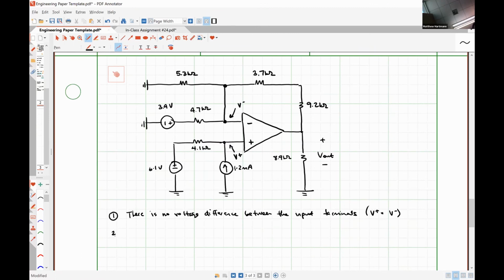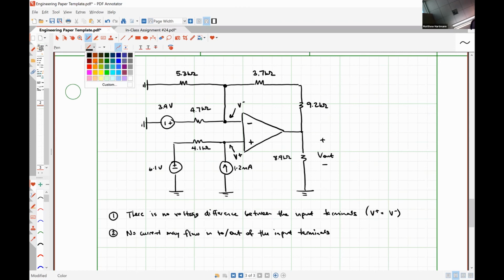And rule number two, no current may flow into or out of the input terminals. So that means that this current is 0 amps and this current is 0 amps.